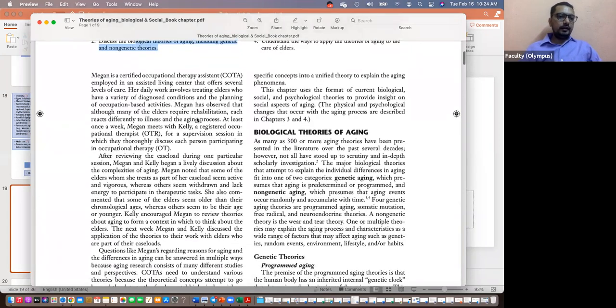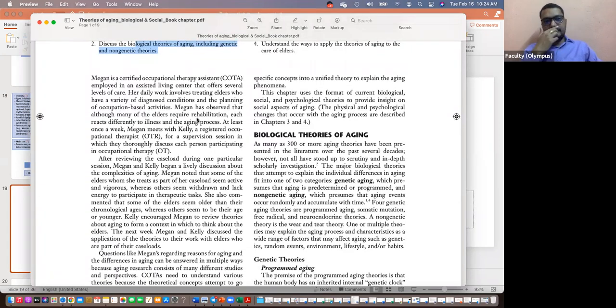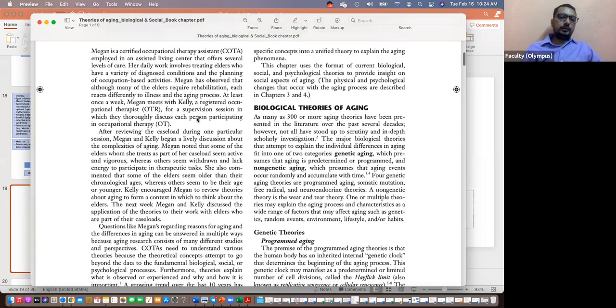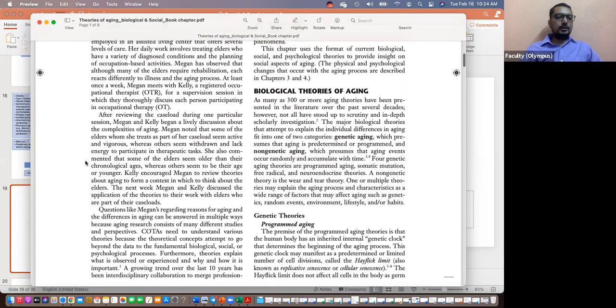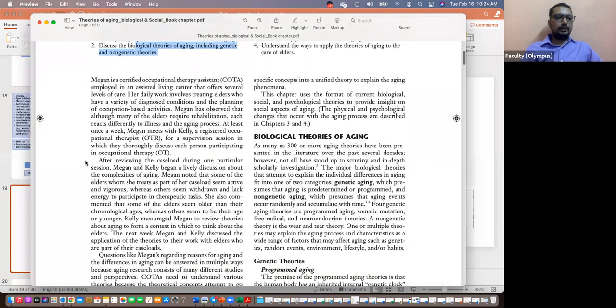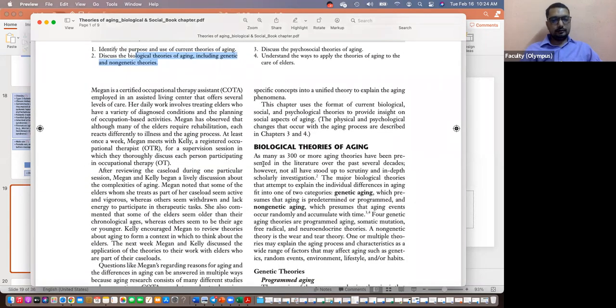We're talking about how different theories explain the process of aging. Here I'm going to introduce the concept of biological theories of aging first. So the first subheading should be biological theories of aging. Within biological theories of aging, you can talk about genetic theories and non-genetic theories. So how, in a biological context, can you explain the process of aging?